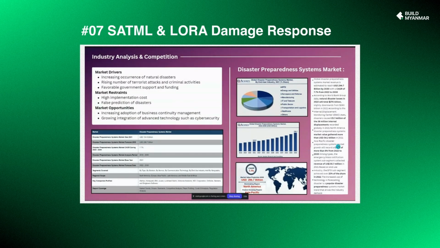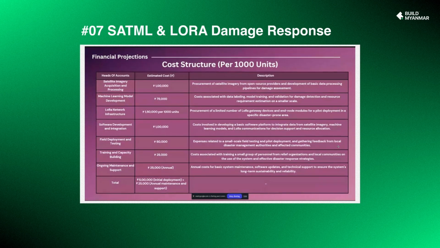The current market in this industry has a healthy CAGR of 7.7%, and it is growing. If we look at the financial projections for 1,000 units, we need to create our LoRa module and establish this connection between rescue teams and NGOs, as well as bring these modules to the homes of citizens in flood-prone areas. This is the cost structure per 1,000 units. Satellite imagery is not available for free in real time, so we have to acquire it at a cost of 1 lakh Indian rupees.